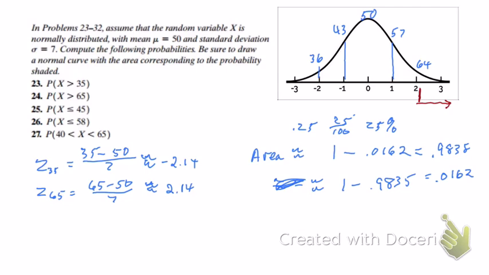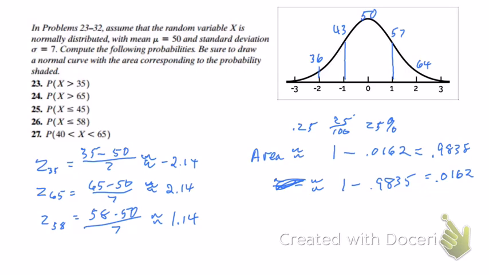Okay, let's try one where we say less than or equal to 58. So I'll look up the z-score for 58. So I first get it here. Equals about, I'm getting a z-score of about 1.14. That's for 58. So notice what this is saying, less than or equal to 58.